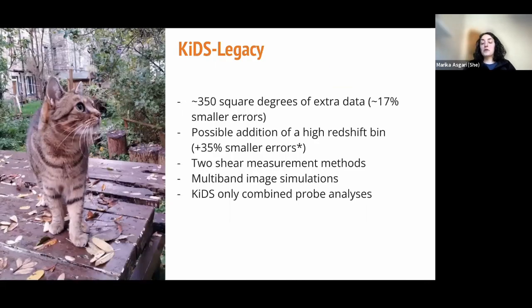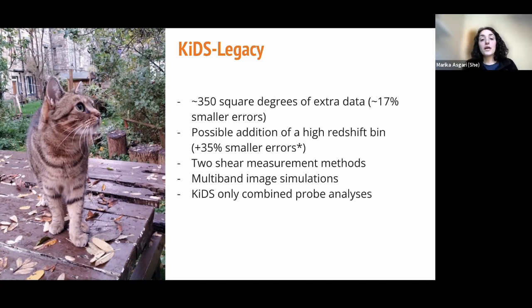All right, so now let's focus on the future. So what's going to happen with KiDS Legacy? We have 350 square degrees of extra data, and this translates to 17% smaller errors if it was just analyzed exactly as we've done for KiDS-1000. But we're working on possibly adding a higher redshift bin, which means we'll add more data, and also this data is going to have higher signal to noise because it's further away, and as you remember, the signal is going to be stronger.